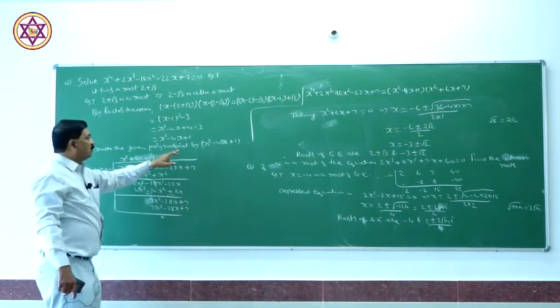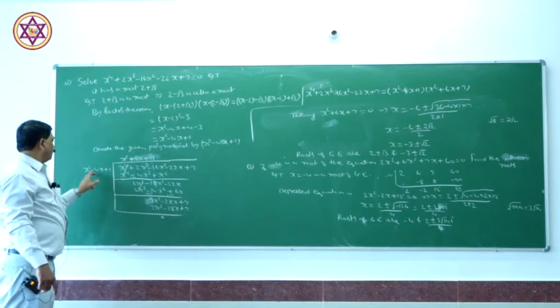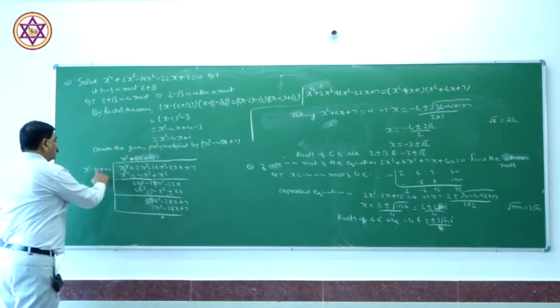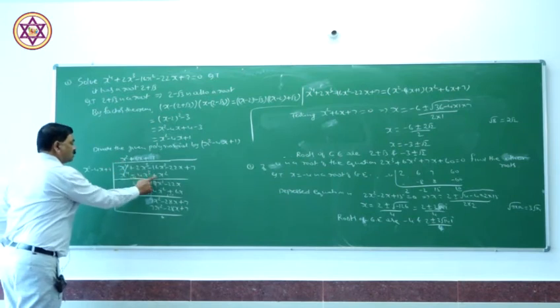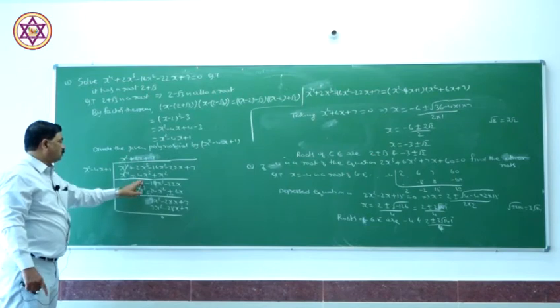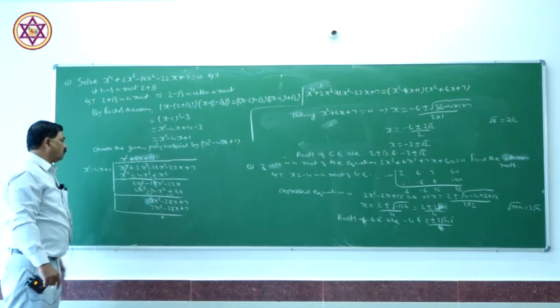Divide the given polynomial by x squared minus 4x plus 1. So this one, x to the power of 4 minus 4x cube plus x square. We get 2 plus 4, 6x cube, and minus 17x square, minus 22x.